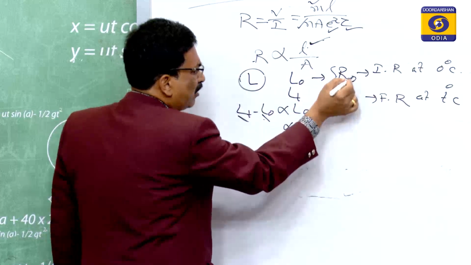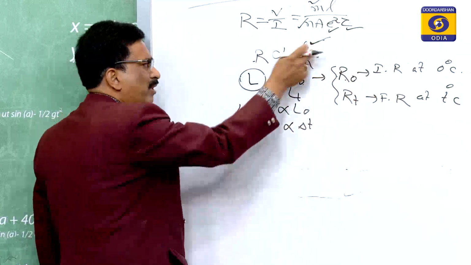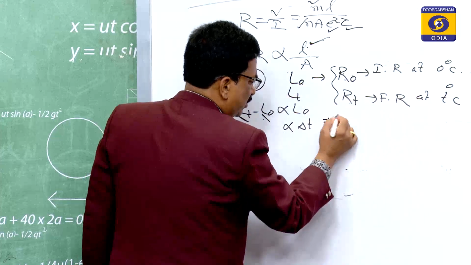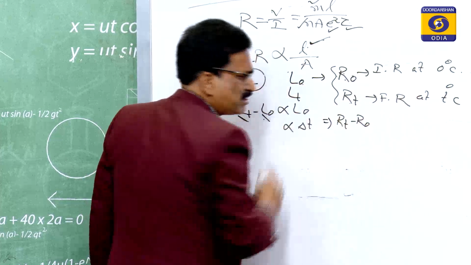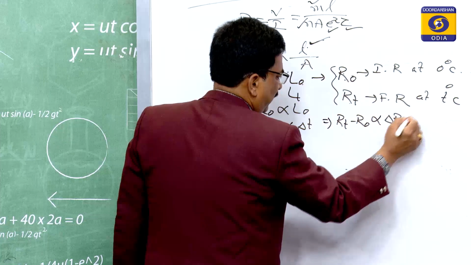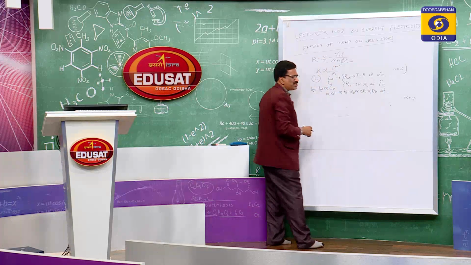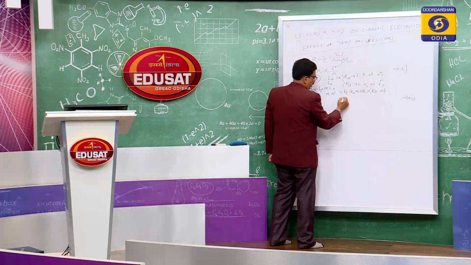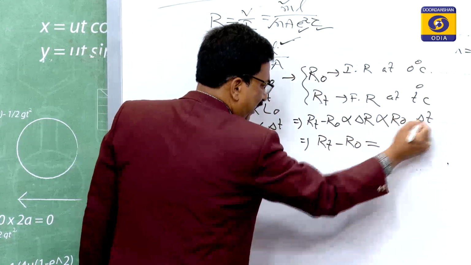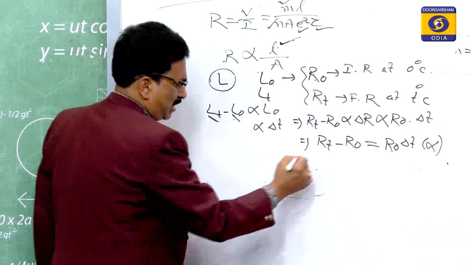If R0 is the resistance, its corresponding length is L0, as we know from Ohm's law. This is R0 and this is RT. So RT minus R0, which is the change in resistance, is proportional to the original resistance and the change in temperature, del T. So RT minus R0 equals R0 del T with some constant alpha.